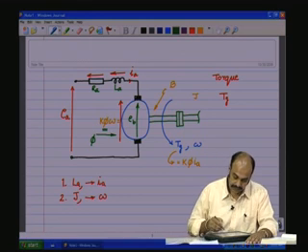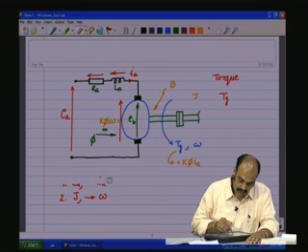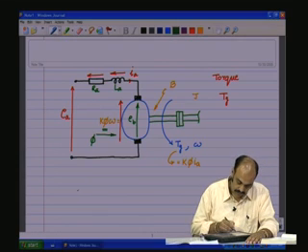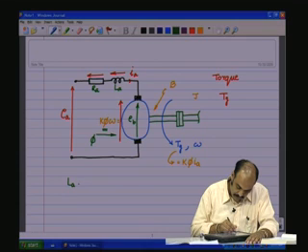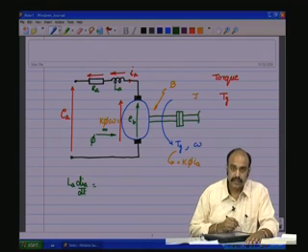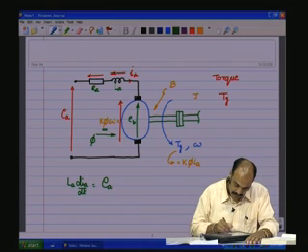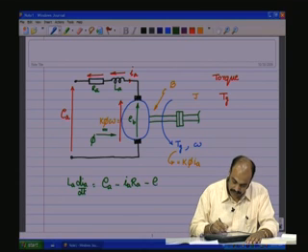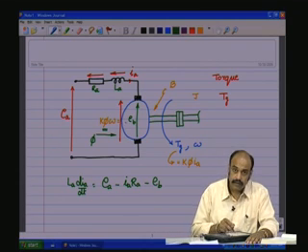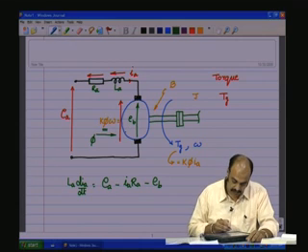So under that condition, we can now write the equations. Now, the electrical domain side first. So we have LA dIA by dt. The voltage across that is EA minus IA RA minus EB, but EB can be expressed in terms of the state variable, which is given by k phi omega.